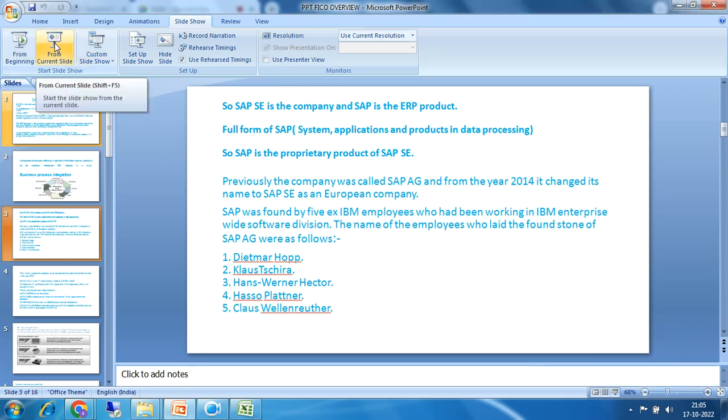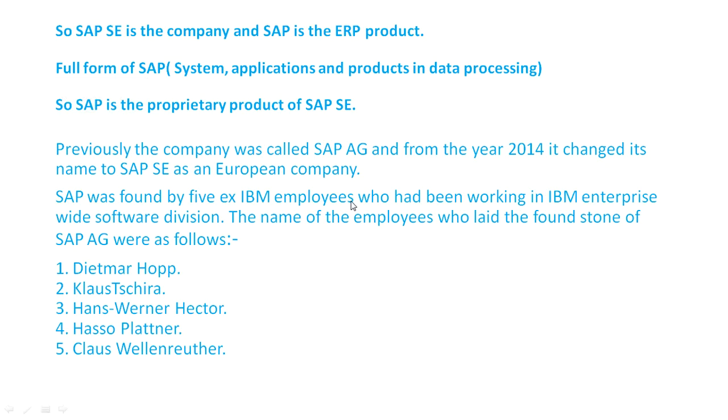Before that, there was no concept of ERP softwares. The name of the company is SAP SE; the previous name was SAP AG, but in the year 2014 the word AG was removed and in place of AG the word SE was used.